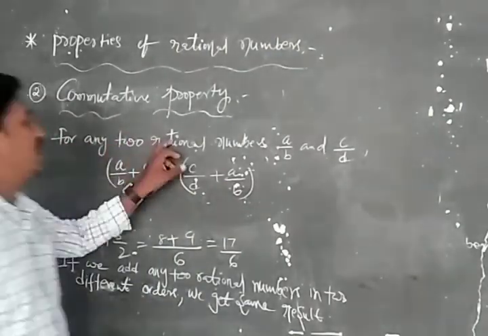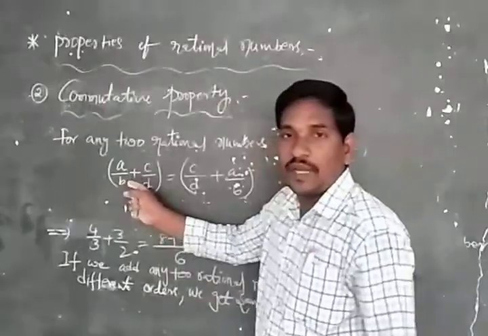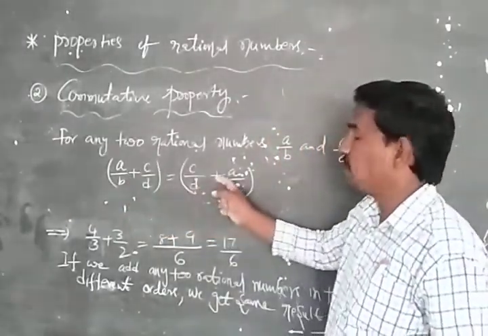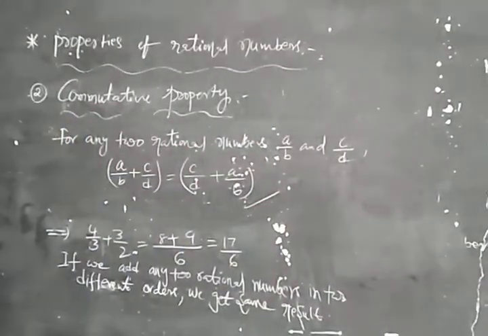For any two rational numbers a/b and c/d, a/b plus c/d equals c/d plus a/b. So this is the commutative property.